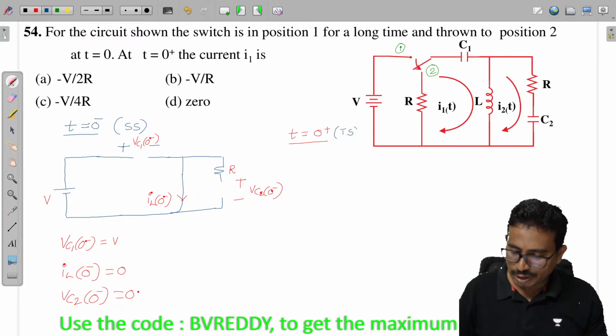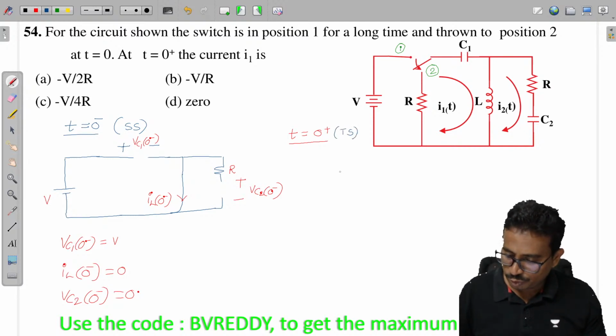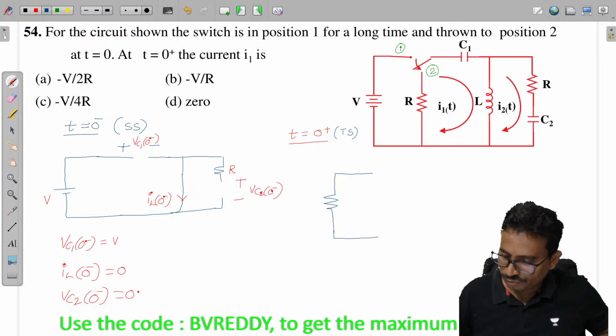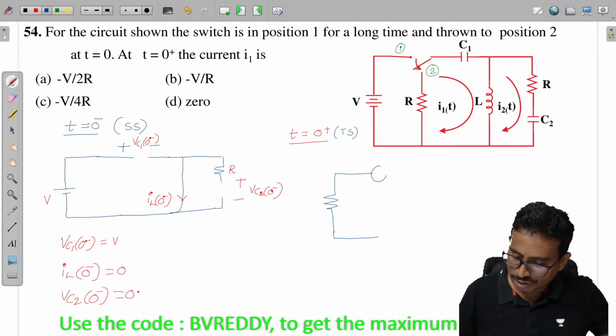What's going to happen? The switch is moved to position 2, right? In the transient state, the capacitor will behave like what, tell me? Short circuit with the initial voltage. How much is the voltage of this capacitor here? This is positive and negative. This value is V.